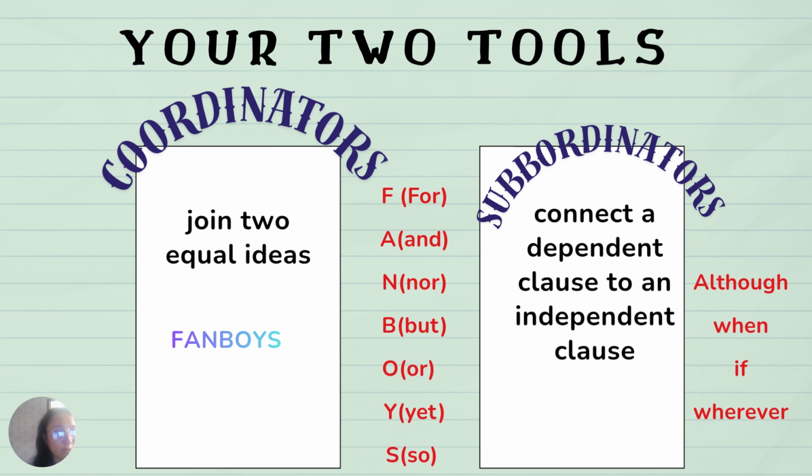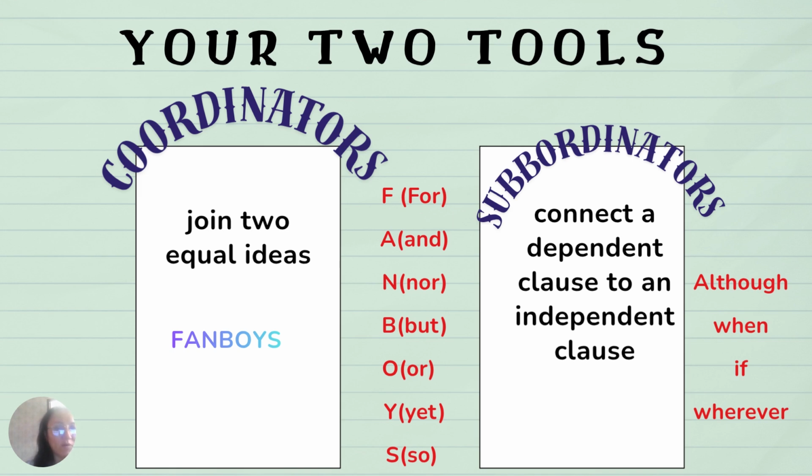Alright, so in order to make vivid writing like mine, you need two tools. First one, coordinators. We join two equal ideas. Sometimes, in order to remember them easier, we name them FANBOYS, the first letters of the coordinators.